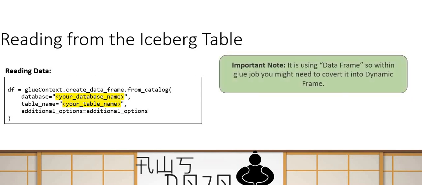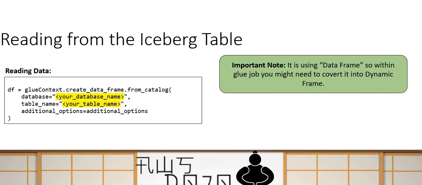Now, one thing to keep in mind, and people who are using Glue job for quite some time know that in Glue job, when you populate data from a standard table, you populate data in a dynamic frame. And dynamic frame is actually an extension of data frame, with some additional methods and properties.